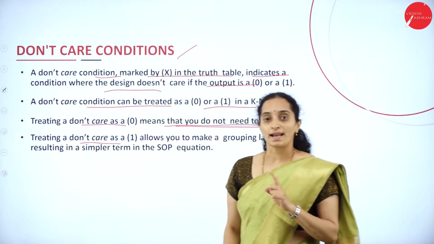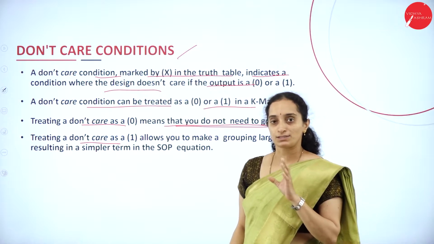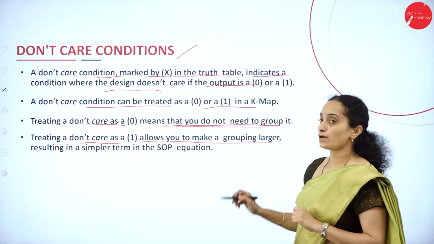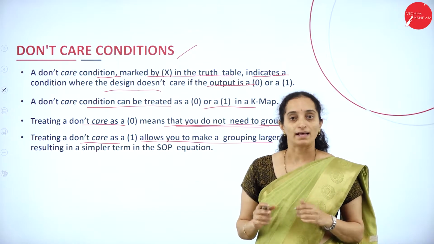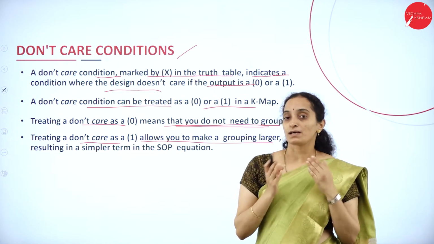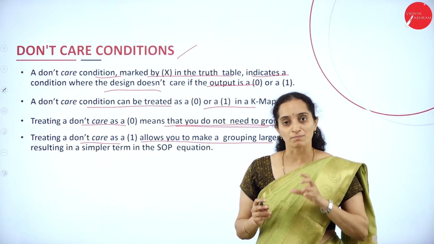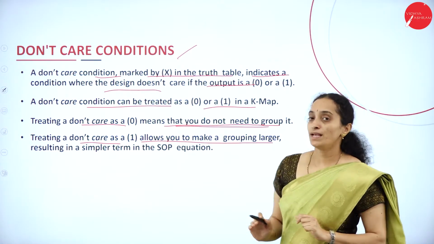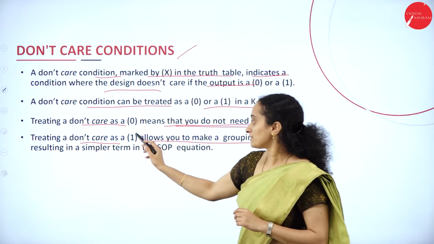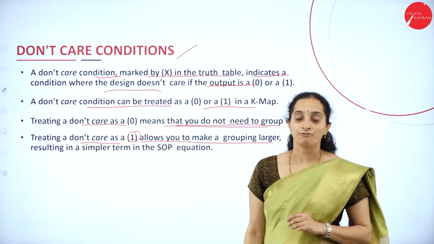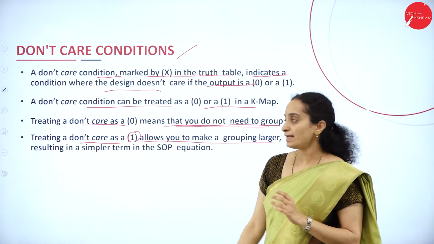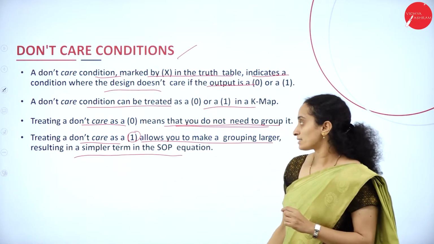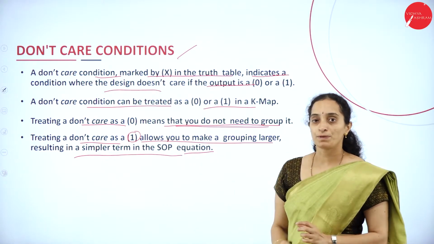Treating a don't care as a 1 in SOP, as we know, SOP treats only 1, allows you to make a grouping larger. As we know, as the grouping becomes larger, the expression will be much more simplified, isn't it? So, we can make the group large by considering the unfilled cells which are filled as X as 1, resulting in a simpler term in the SOP equation.